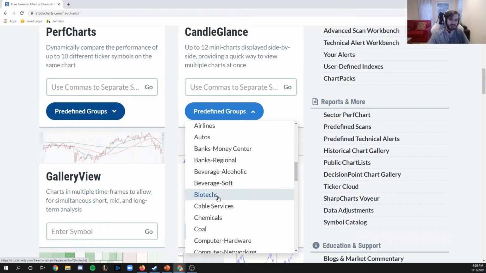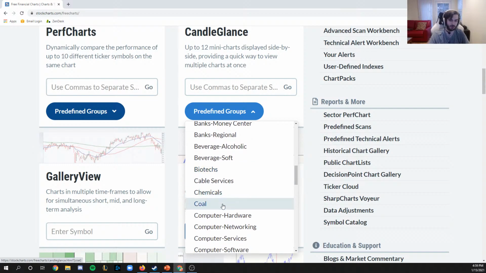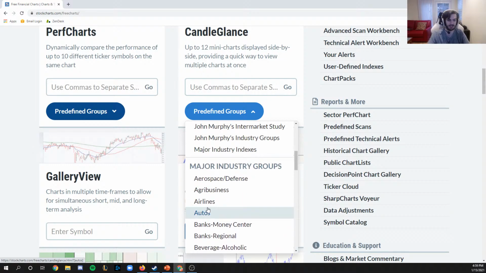These are going to give you companies in those specific industries. So these would give you biotech companies. It would give you coal companies. To actually find ETFs that trade those indexes, you're going to want to use a website like ETF.com or ETFDB.com to find particular ETFs that trade those indexes.